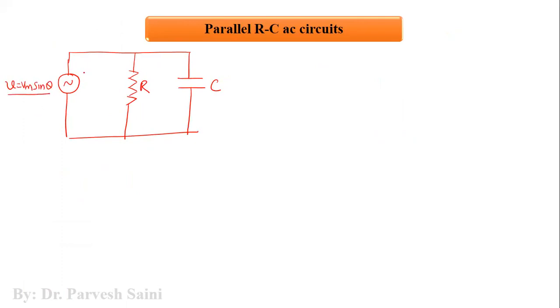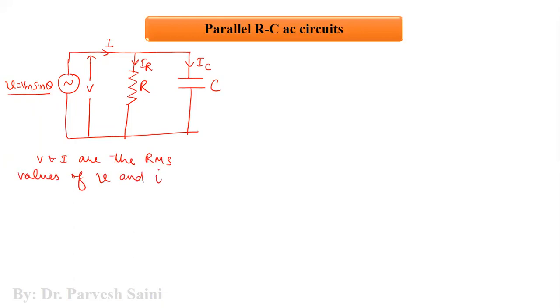So this is an AC source here. Let capital V be the RMS value of the voltage and capital I the RMS value of the input current. Each branch will have some current, which is IR, and let us say IC, for example. So V and I are the RMS values.